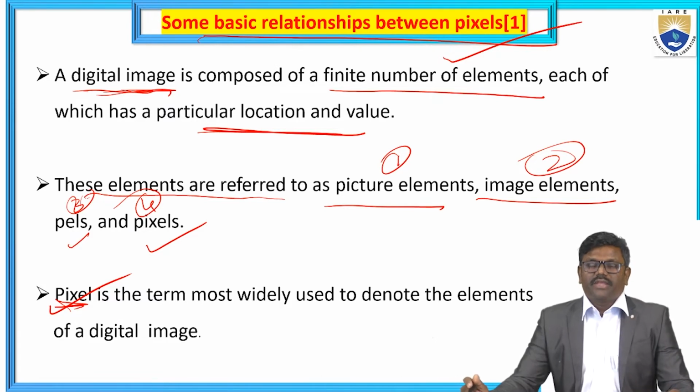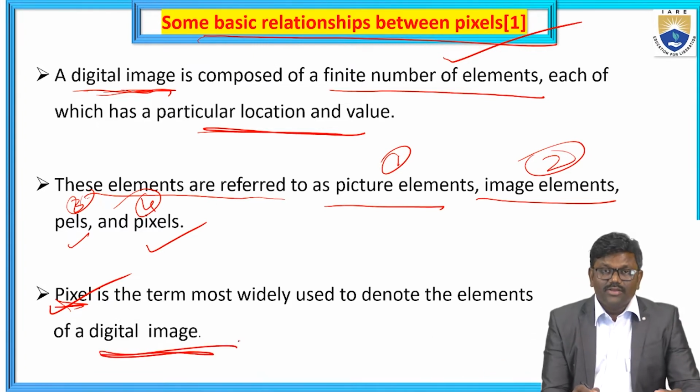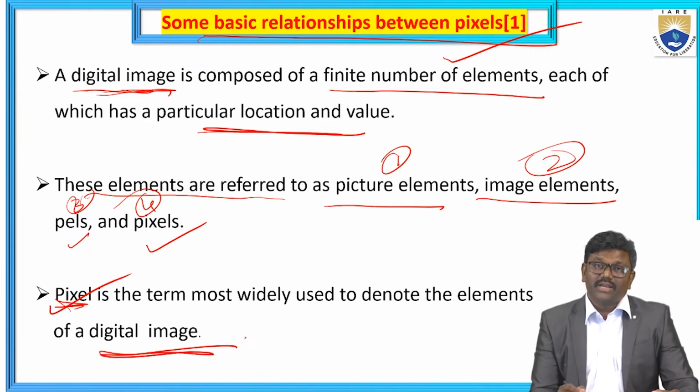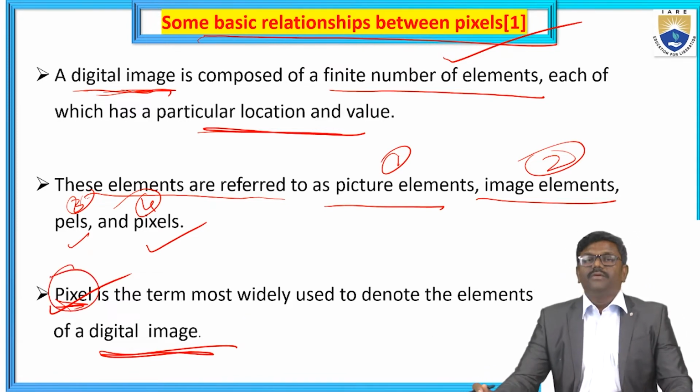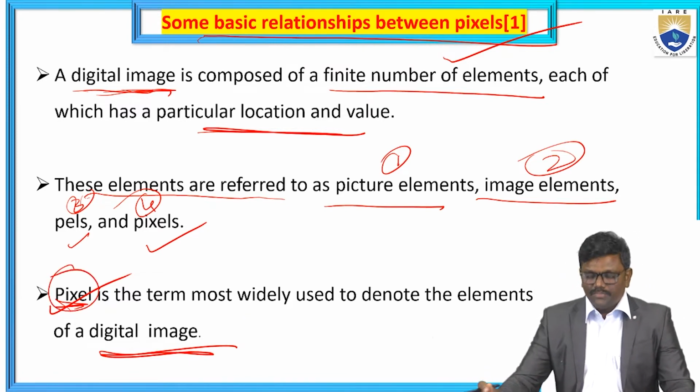I'll repeat once again: pixel is the term most widely used to denote the elements of a digital image. That is important here. If we want to understand the digital image content, it is possible only in terms of pixels.